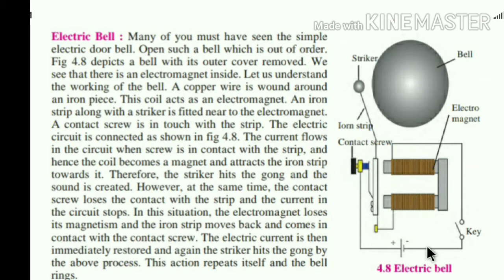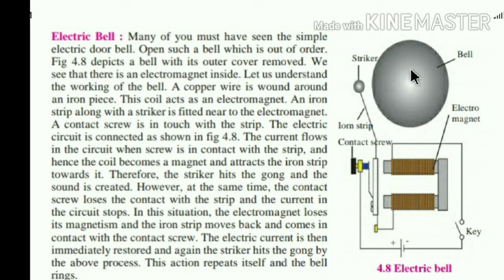The bell consists of an electromagnet, a contact screw, an iron strip, a metal striker that falls on the bell, and a metal gong.